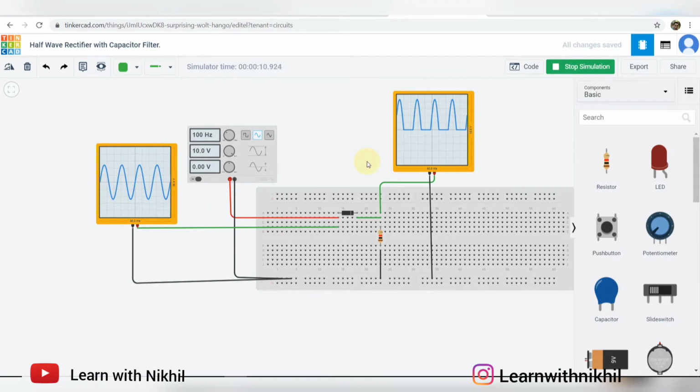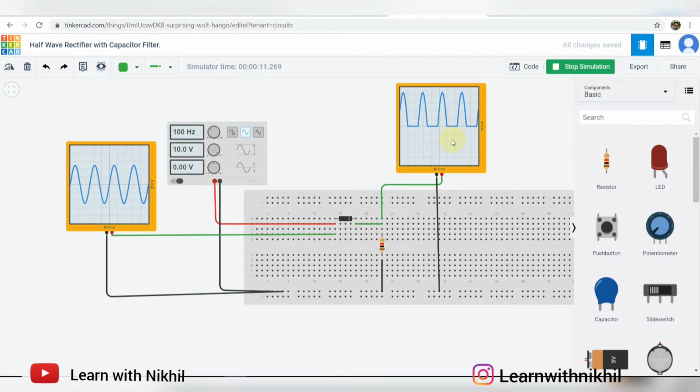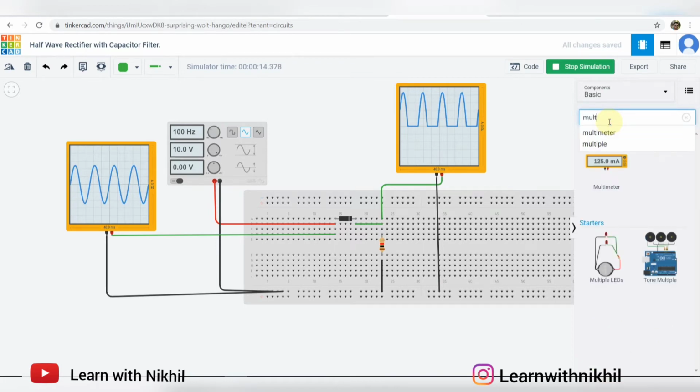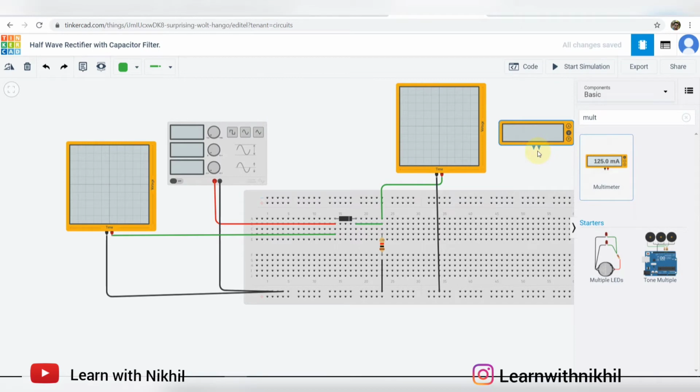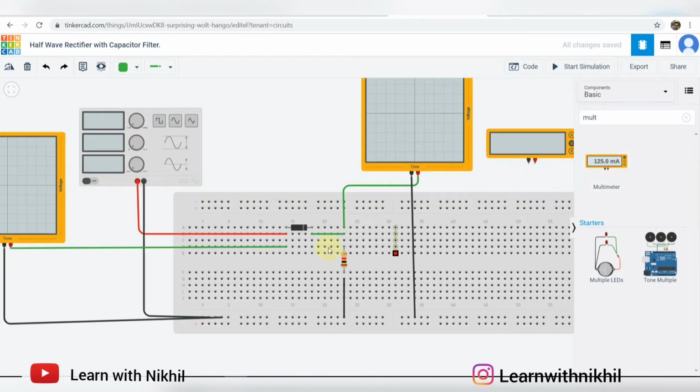Now you have to measure the output voltage. You can measure it directly by CRO, or you can measure it by using a digital multimeter. For the multimeter, we have a multimeter here. I'll attach the multimeter across the resistor.